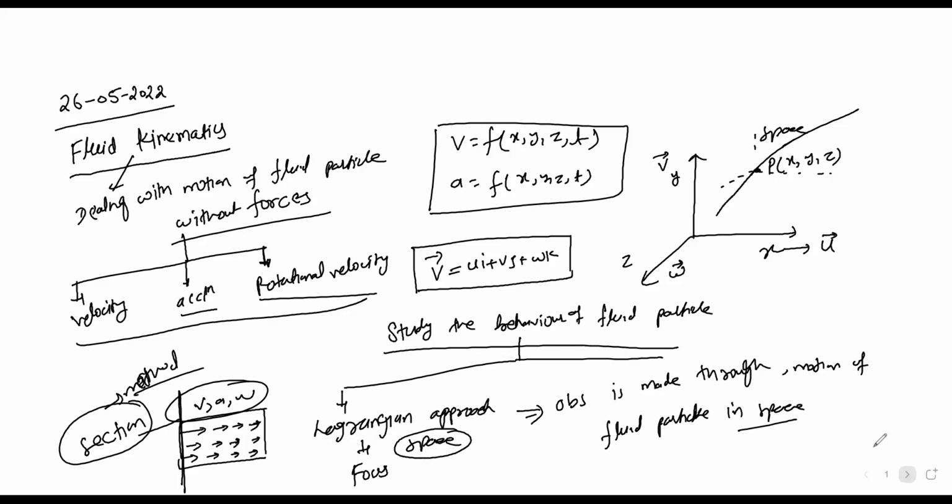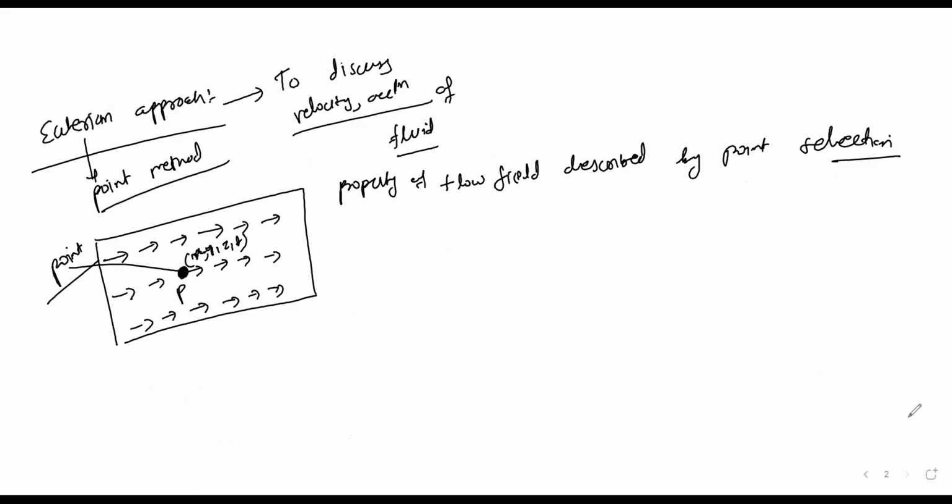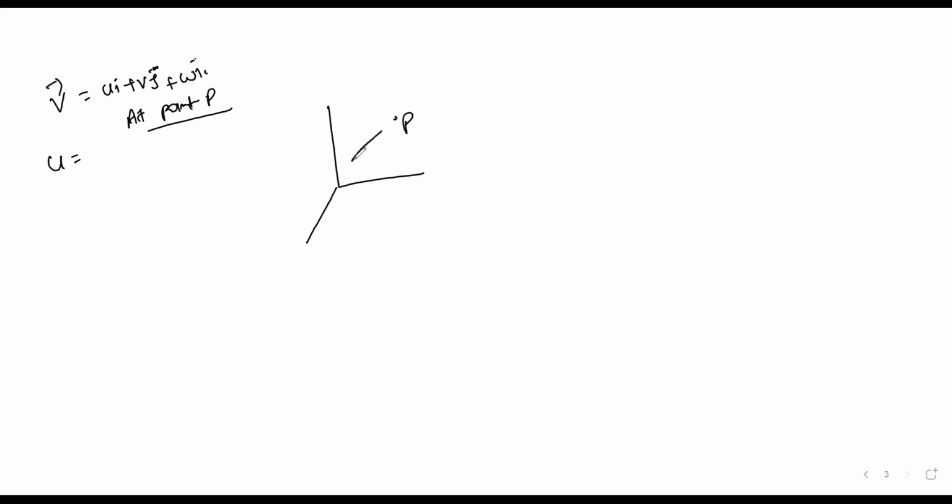Let's say the velocity of a fluid particle in 3D is represented by ui plus vj plus wk, where u is the velocity of the fluid particle in the x direction, at a point P. Let's say this is the 3D space and this is the point P, and along it is the path of the fluid particle, with axes x, y, z.